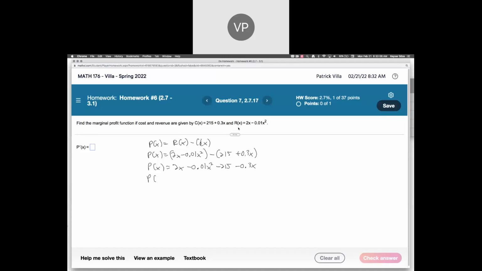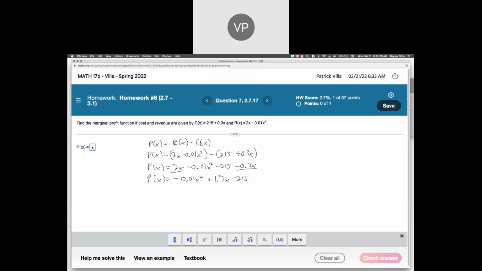And to clean it up, you always want to try to put the highest powered term first. This is going to be minus 0.01x squared plus 1.7x minus 215. And you see the 1.7 is because I added up the 2x and the negative 0.3x. And that should be my profit function.